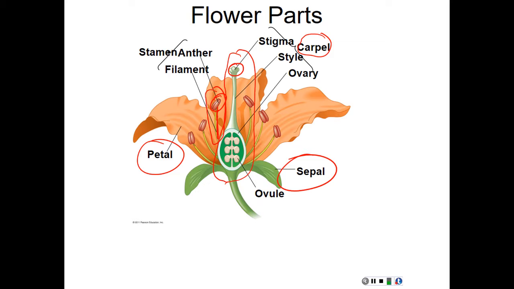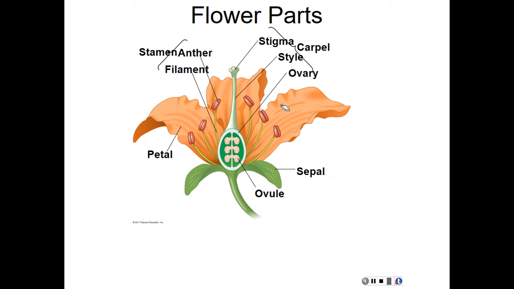What we call the style is a long tube leading from stigma to ovary. So this is the style, and the style basically is a track that a pollen grain, let me erase some of this here so you can see what we're looking at.